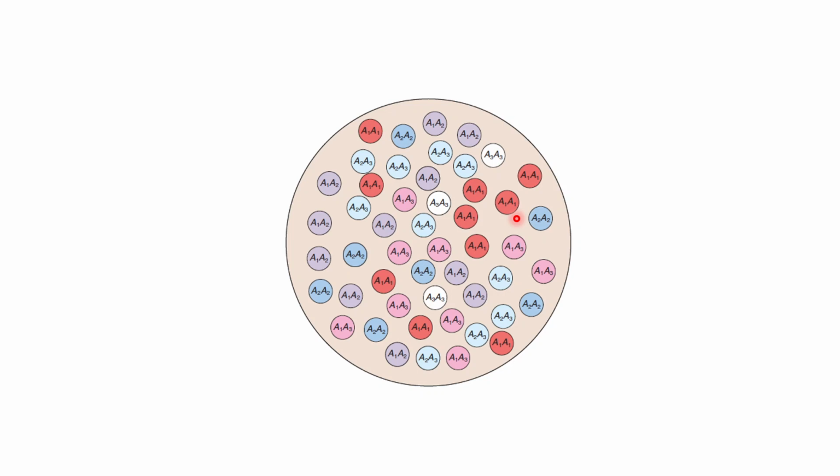This can be described with a mathematical equation. We can have two dominant alleles, or two recessive alleles, or a combination of the dominant and recessive allele.